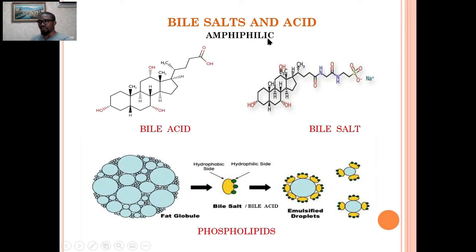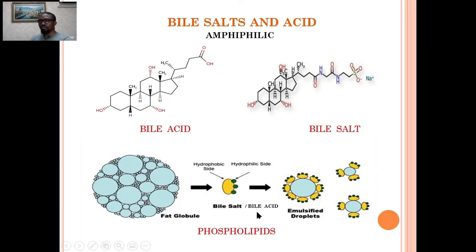It means that they do not hate water and they do not like it either. But actually, this enables them to make cholesterol and fat more soluble in the bile when it gets into the small intestine. Now, phospholipids are also amphiphilic. Therefore, they help to make cholesterol more soluble and packageable and ready to be absorbed.